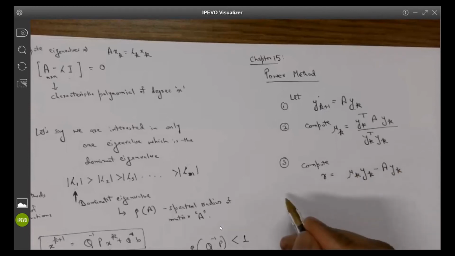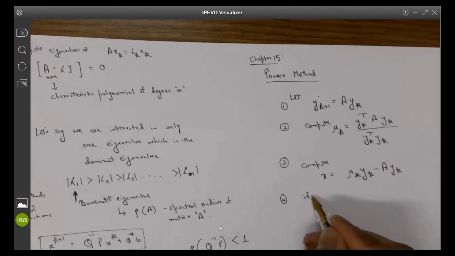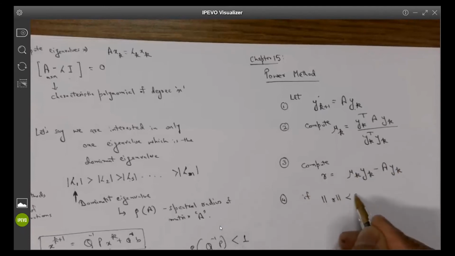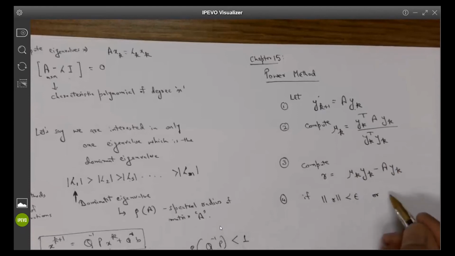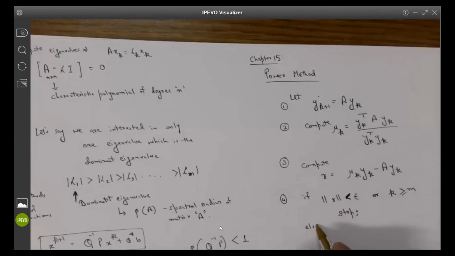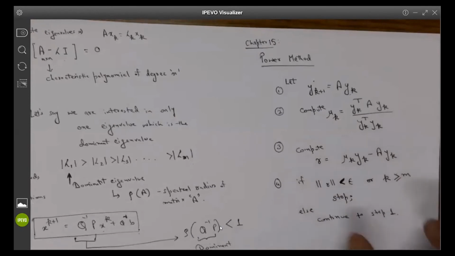Fourth, if the norm of r is less than epsilon or k is greater than or equal to m, stop, else continue to step number one. I will explain these steps in a second.